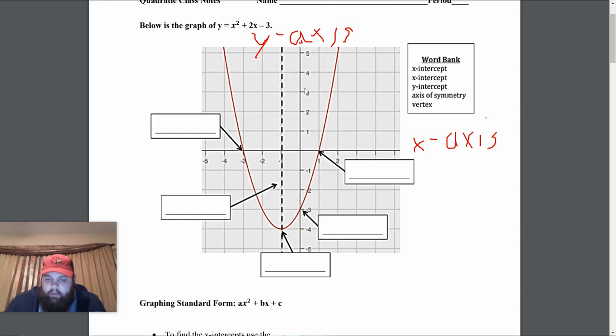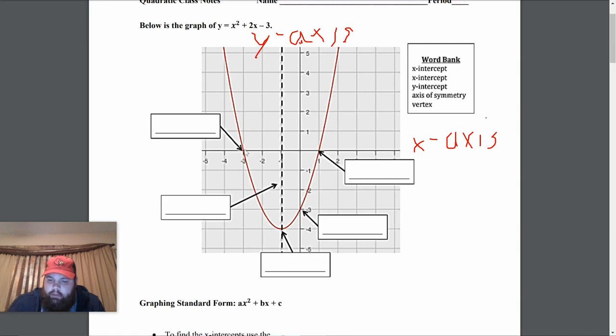All right. So anyways, remember, the x-intercepts and the y-intercepts, that's where it crosses these axes. So if we follow this parabola, we can look at where it crosses this horizontal one, the x-axis. So let's follow it. It's there, right?